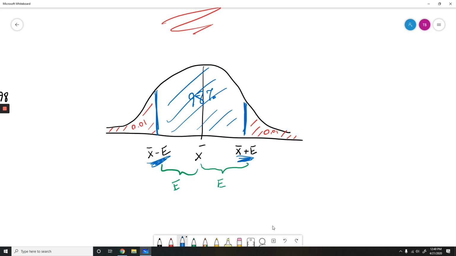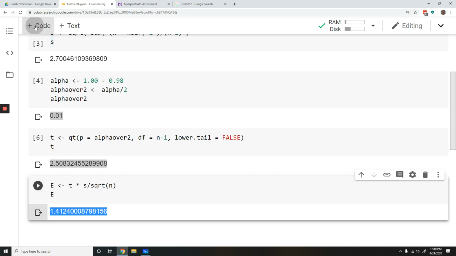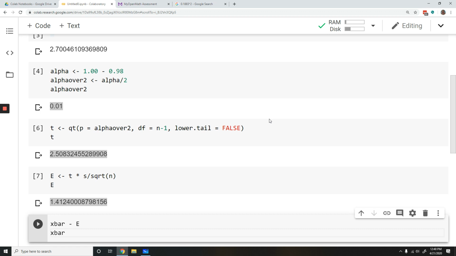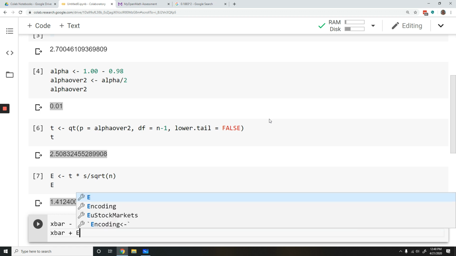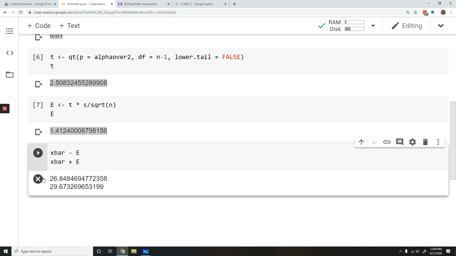So all I need to do is take my sample mean, which I stored in the x bar variable. I want to subtract my margin of error, and I want to take my point estimate, my sample mean, and add my margin of error. And that's going to give me my two boundaries. So there's my two values.